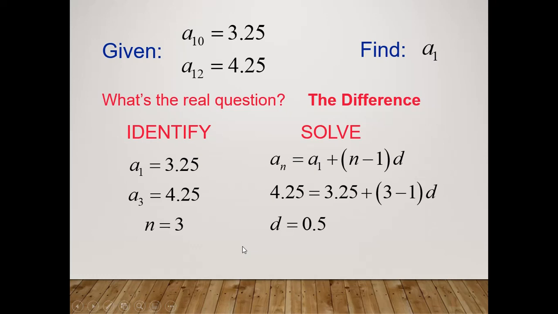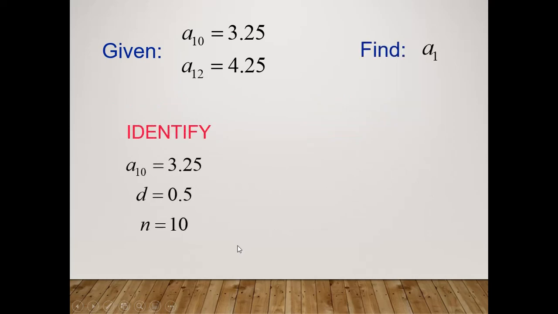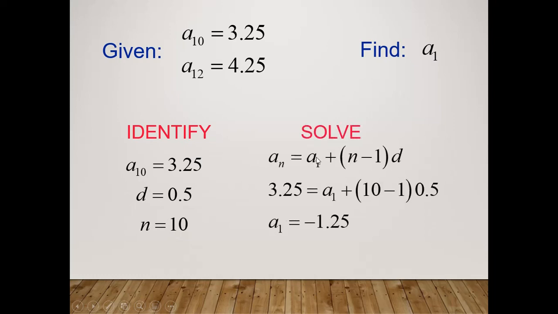Okay? So, next, we have since the given now is A sub 1, so meron na tayong A sub 10 which is 3.25. Meron na rin tayong common difference which is 0.5. So ang hahanapin na, and we have n which is 10 kasi A sub 10 ito. So we can now solve for A sub n, A sub 1.